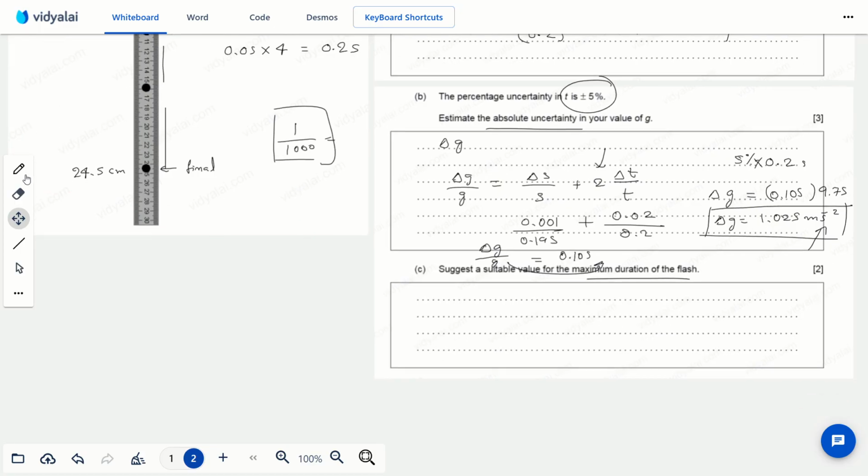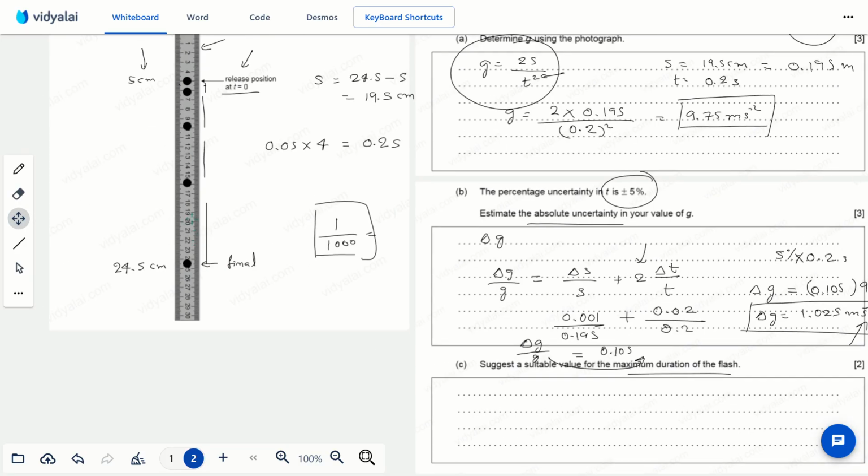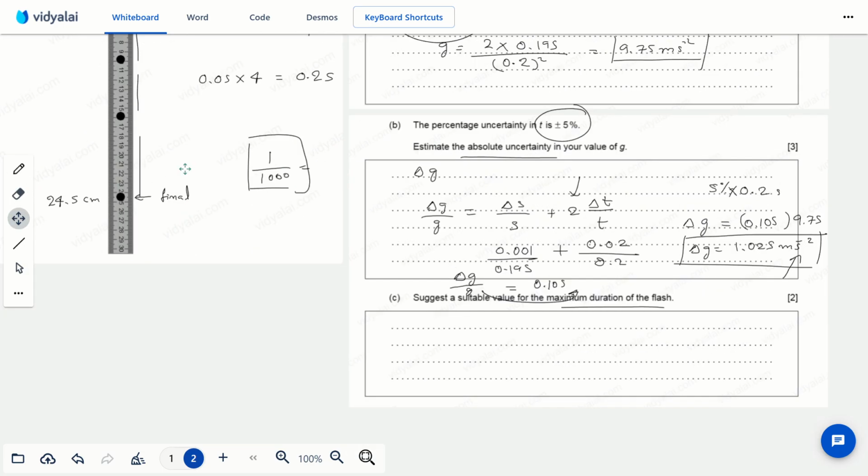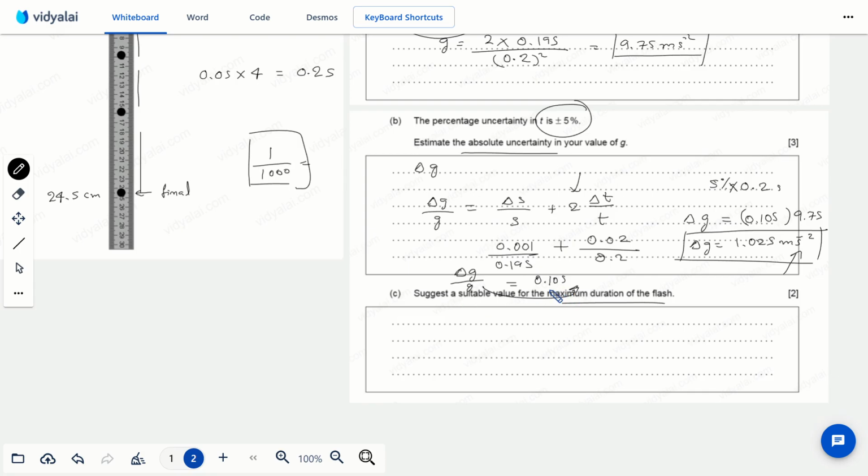So we need this photograph flash to produce an error in its position which is equal to or less than this. So the time duration in which the flash is on should produce a change in its position of about 1 millimeter.